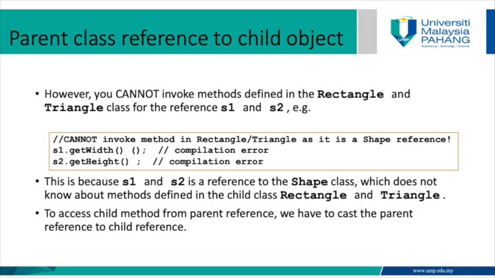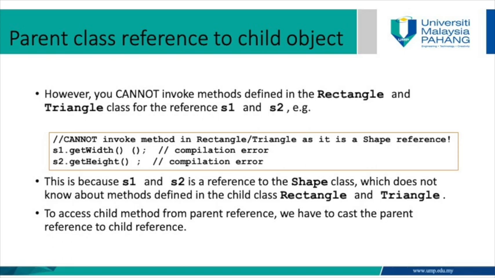You can only invoke what is in the parent class. For example, if you try to invoke a method from the child class, it will give you a compilation error. This is because s1 and s2 are references of the Shape class.